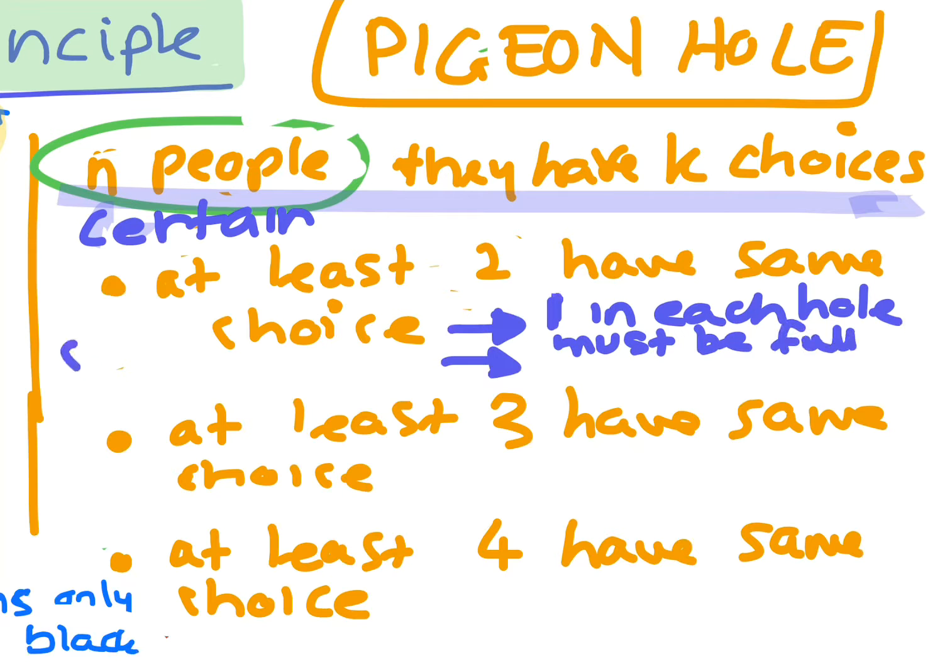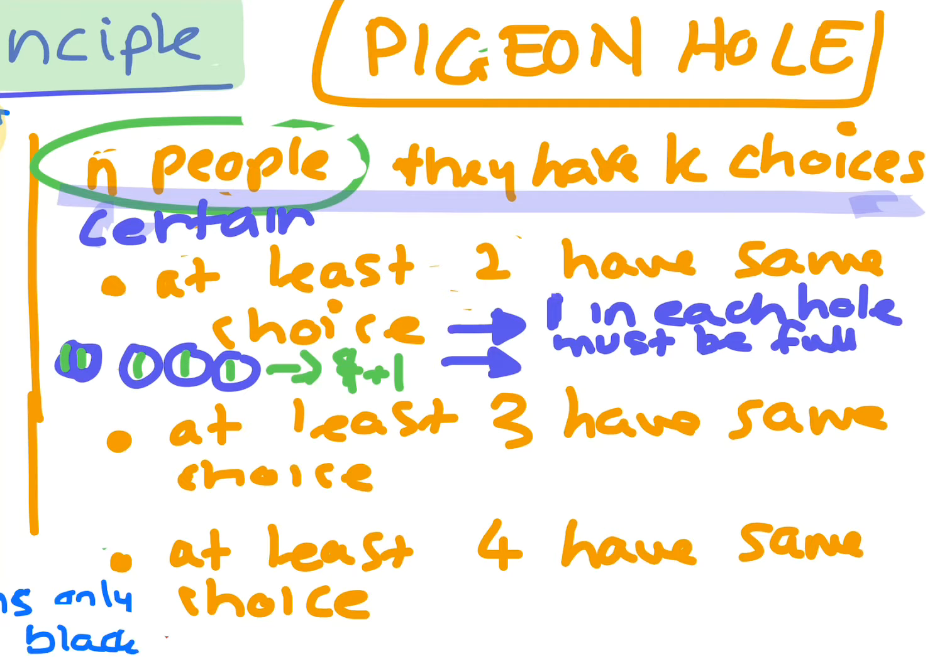And when all the holes are full, like say we have 4 holes, and we fill each of those up with 1, 1, 1, 1, then when you get to your 5th one, so you go 4 plus 1, you can be certain that one of these holes will actually have 2 people with the same choice.